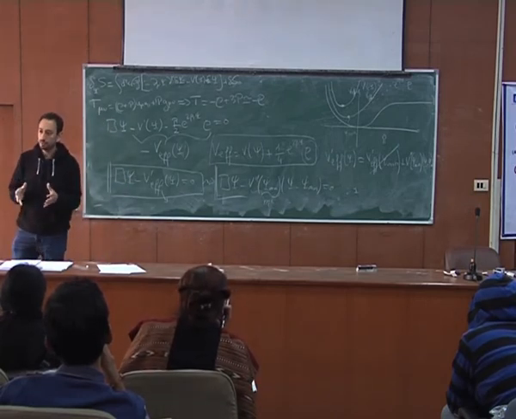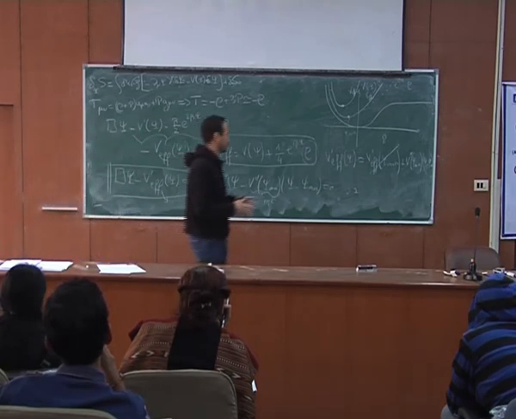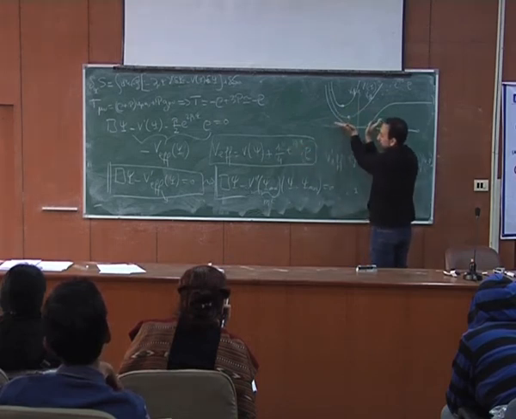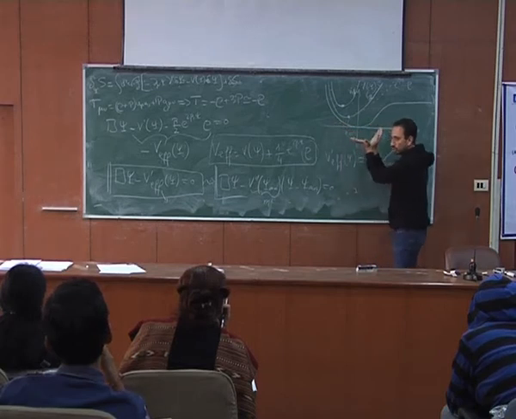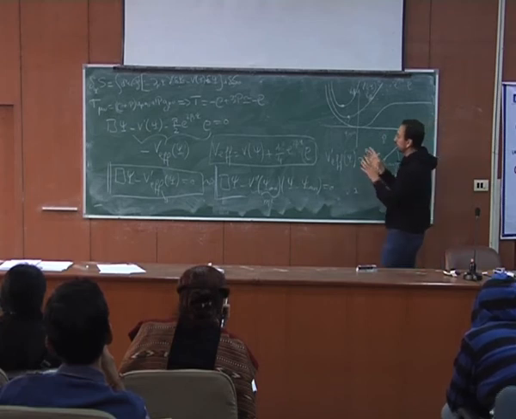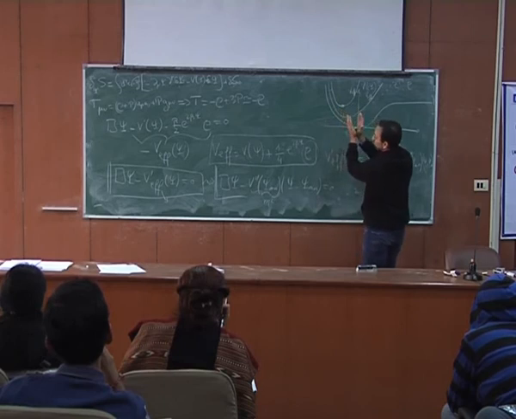So what we are saying is that we have a scalar field. That scalar field is massive. Its mass depends on the environment. When I don't have density at all, the potential will be much more open like this. The second derivative of the potential will be very small, so the scalar field will be very light. Now, when the density is much larger, the potential becomes more like this.